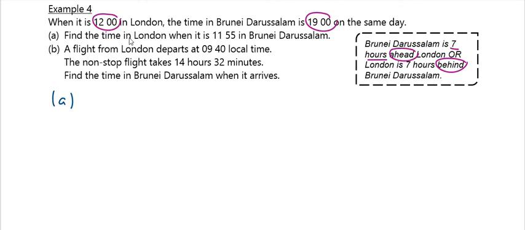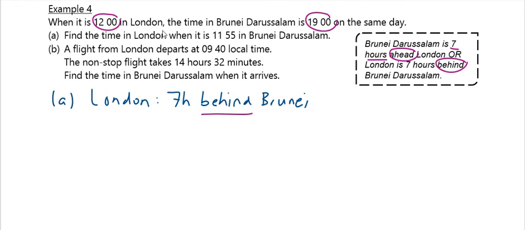So you're going to find the time for London. You know that London is 7 hours behind Brunei Darussalam, because 1900 in Brunei is 1200 in London. When you know that it is behind, you have to backtrack, or subtract from Brunei Darussalam's time.